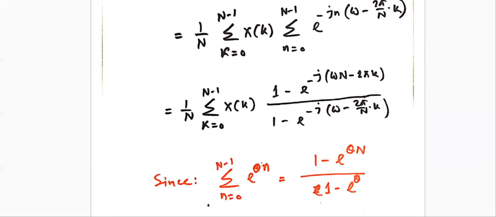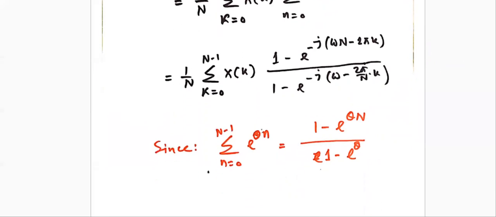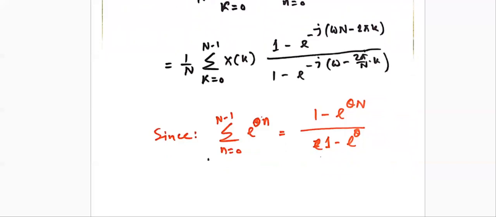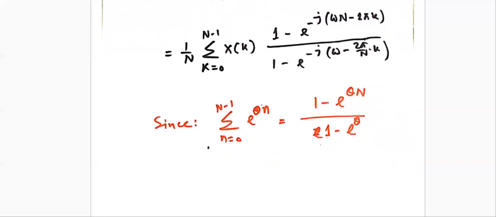For different values of omega, you can find the value. So this is a function of omega. Now by knowing the value of X[k] and putting different values of omega, you can find what is the value of X(omega). So you can get higher resolution of that. Of course, if the density of X[k] is higher, it will give a more specific value of X(omega).